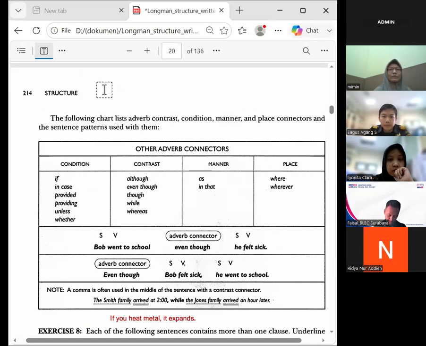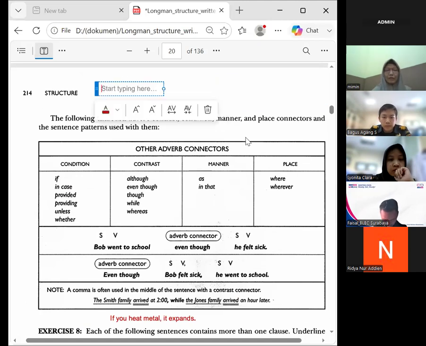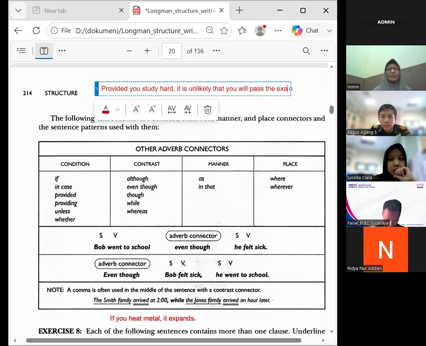So, for example, provided you study hard, it is unlikely that you will pass the exam. So, provided you study hard, it is unlikely that you will pass the exam.